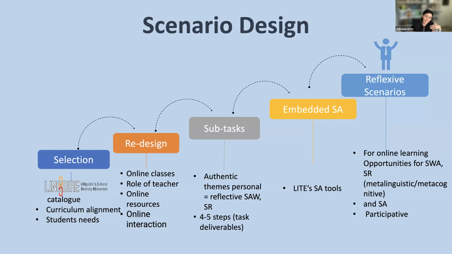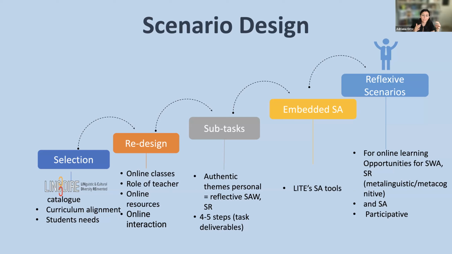So we encountered this new challenge where we needed to see what the role of the teacher is. We needed to be very solid with the online resources, and we needed to really pay attention to online interaction as a competence. So this made me redesign and readapt these scenarios.